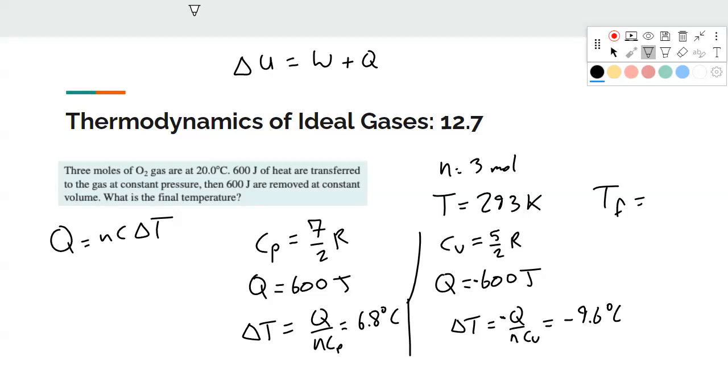And so overall, when we add heat, we increase the temperature by 6.8 degrees Celsius. And then when we remove heat at a constant volume, the temperature is changing by negative 9.6 degrees Celsius.